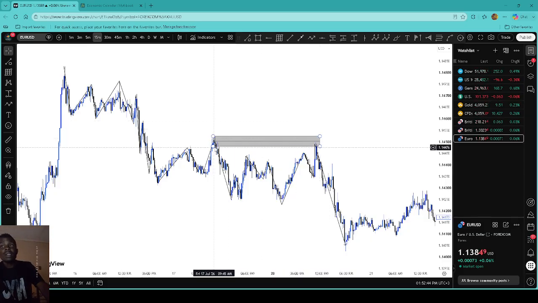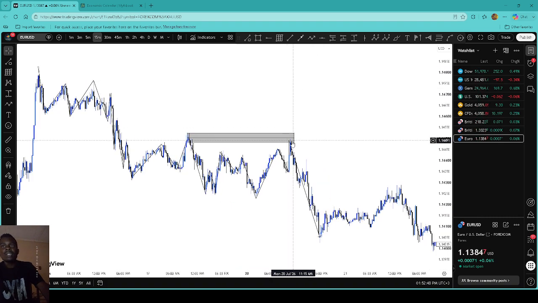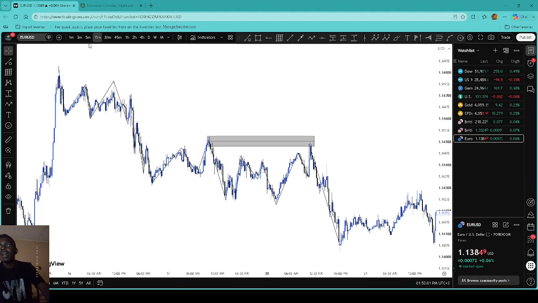Are we together? Now this one becomes the bearish order block. Why? Because this is where price tapped into and dropped down impulsively. Now this is our impulse move, this is our retracement. Are we together? So this one becomes a bearish order block.